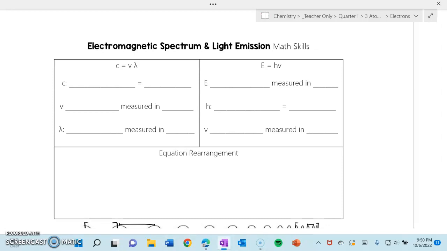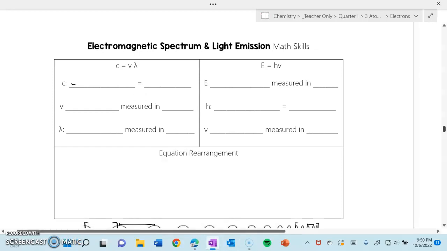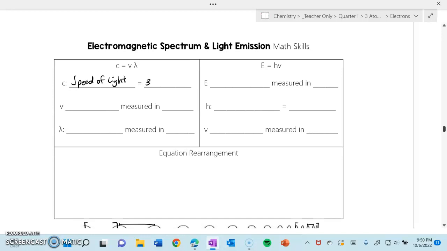So when we're looking at the speed or the velocity relationship between frequency and wavelength, c is representing the speed of light, the speed of all the waves that we are observing. And the speed of light is constant at 3 times 10 to the 8th power meters per second.